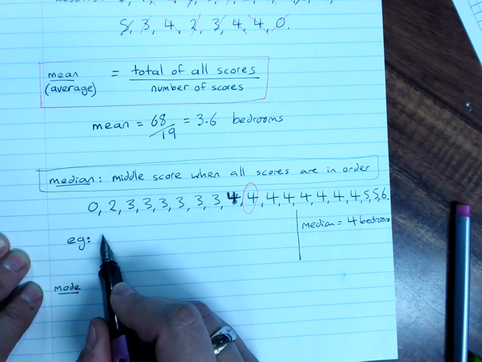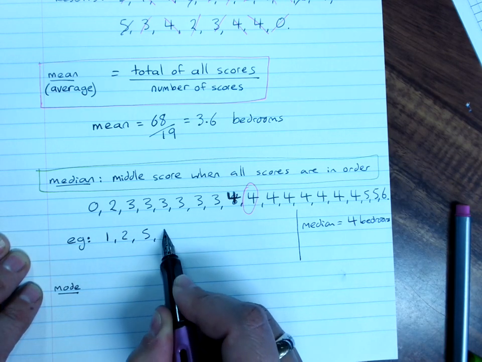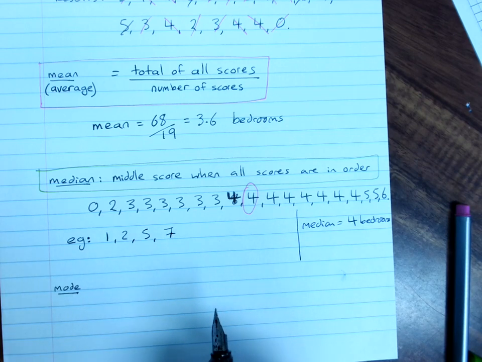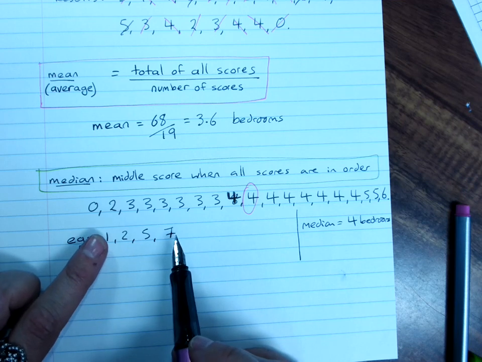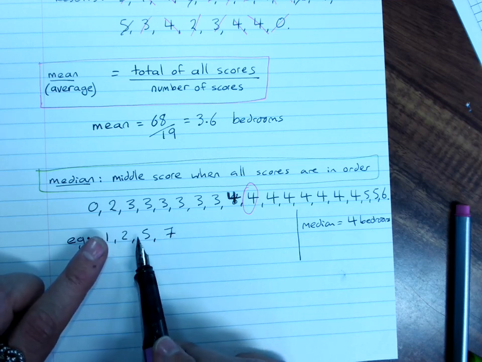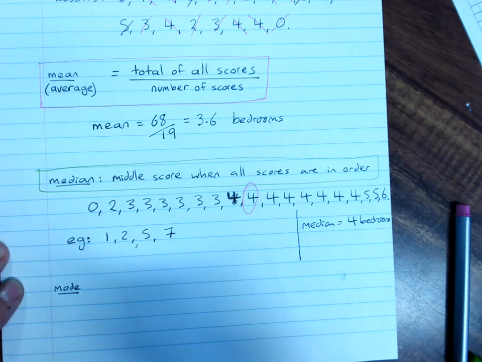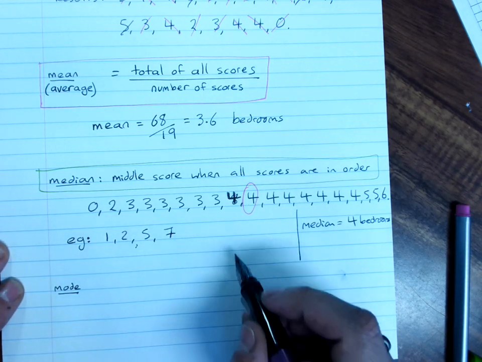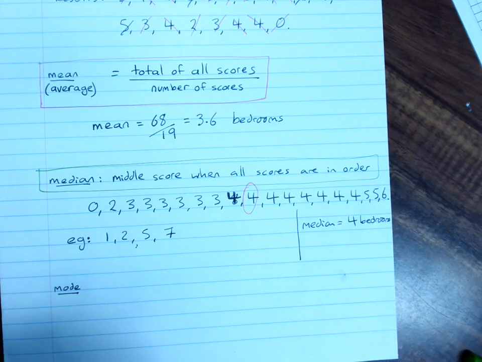So look at this set of data, 1, 2, 5, 7. The median of that is in between 2 and 5. When there's an even number of scores, you'll have to find the average of the 2 middle scores.